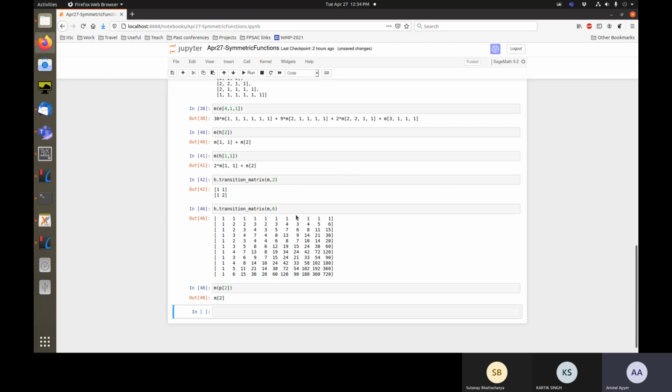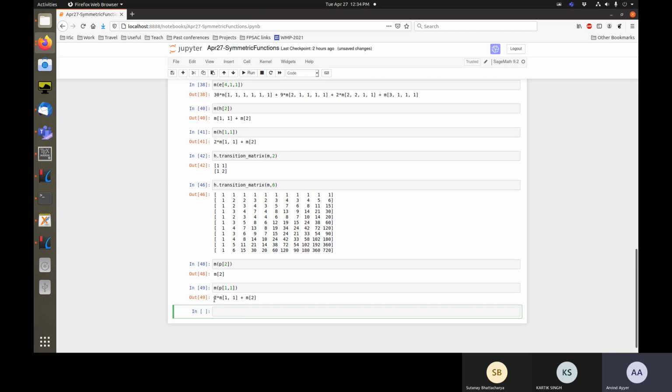And what is M of P of 1, 1? This is 2 m11 plus m2, which is the same as before.